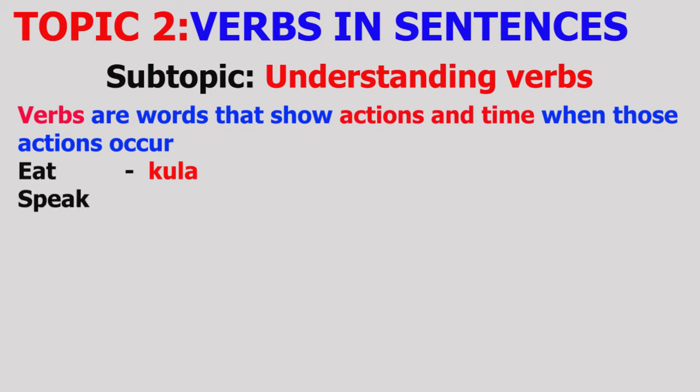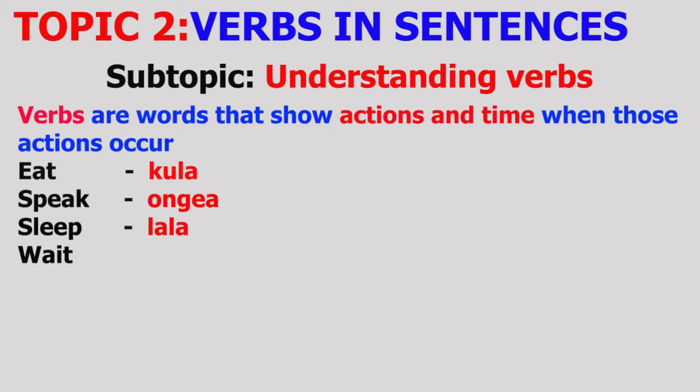Or you say speak, which is ongea in Swahili, that is an action of speaking. Or you say sleep, which in Swahili is lala. We know that is an action of sleeping.